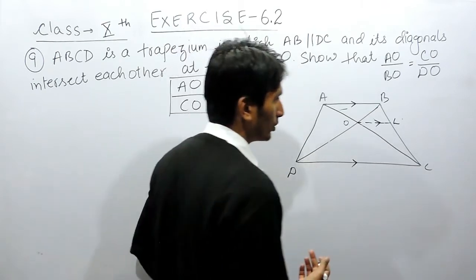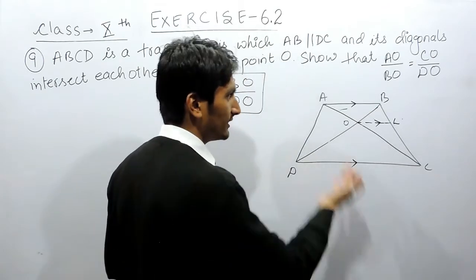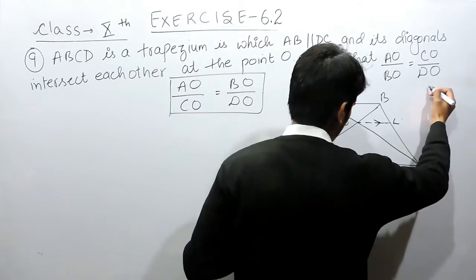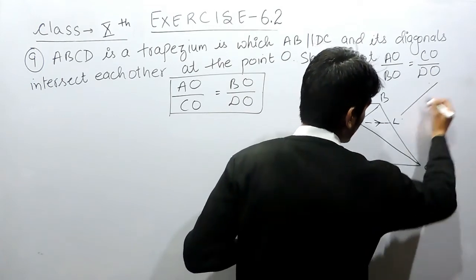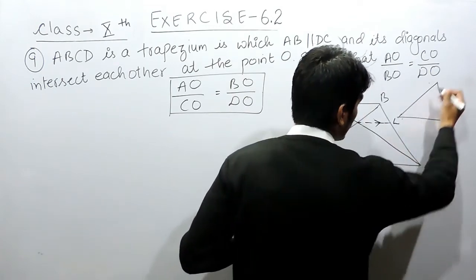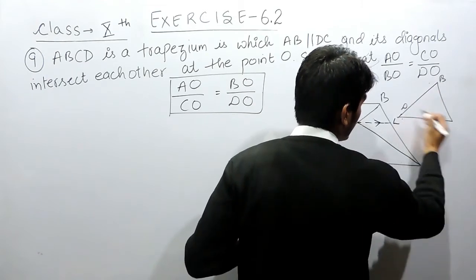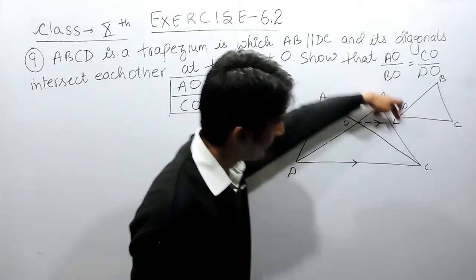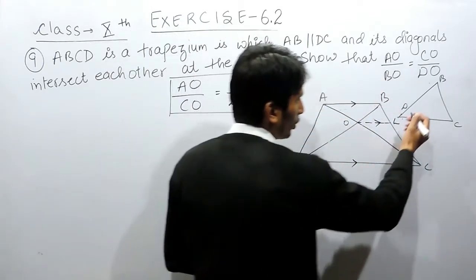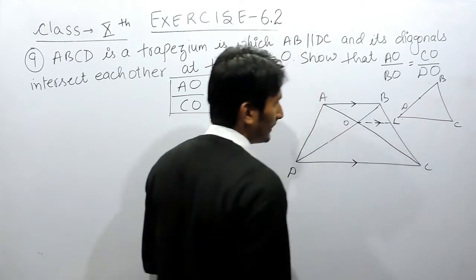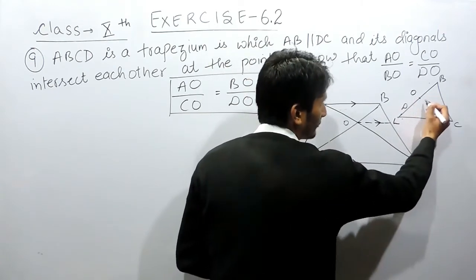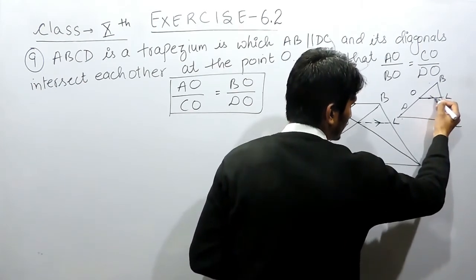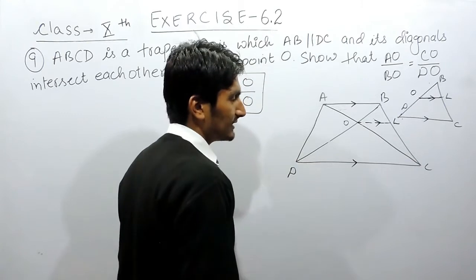This we have already known, or you can say we have already studied this in the previous classes. Now if I draw this triangle BDC, this is B, this is D, and this is C. In triangle BDC, on BD there is a point O, through which I have drawn a parallel line OL, and this line is parallel to DC.